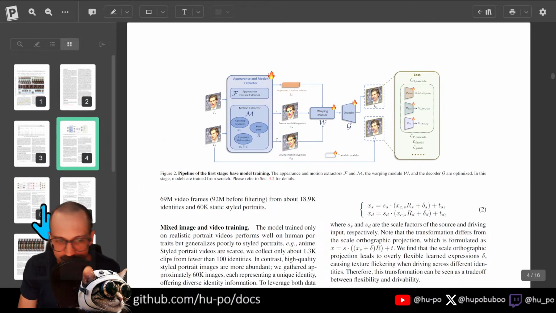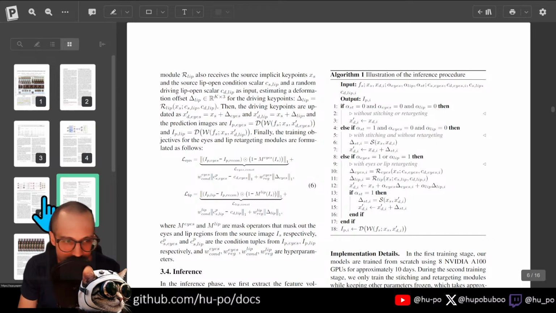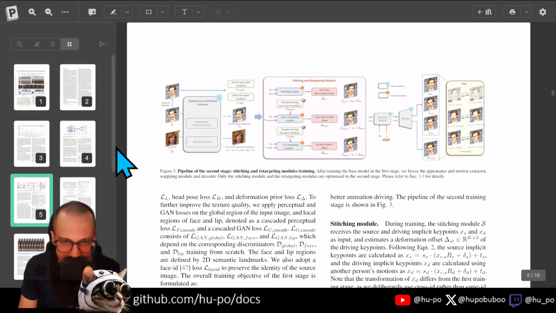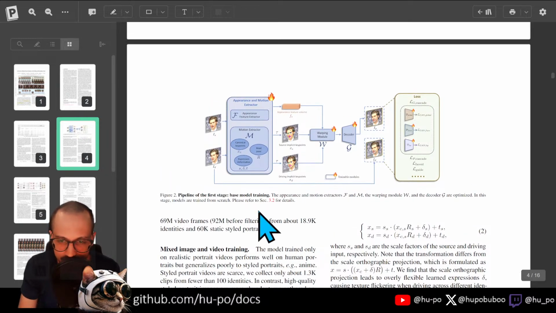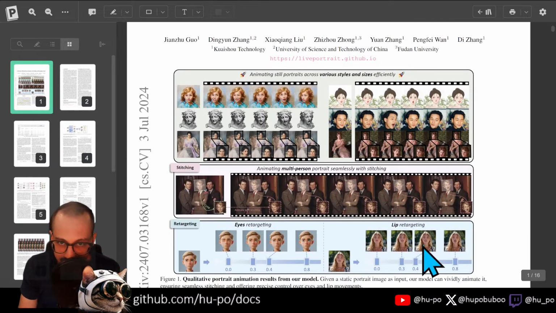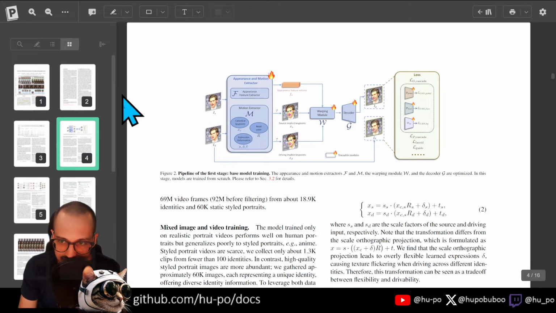This is your classic bag of tricks. Maybe not bag of tricks, but Lego block paper. I think people have called this before, where you just take like 17 different little Lego blocks and glue them all together, and then you get one final demo. But the thing with Lego block papers is that if your demo's really good, then there doesn't need to be a single original idea in this.